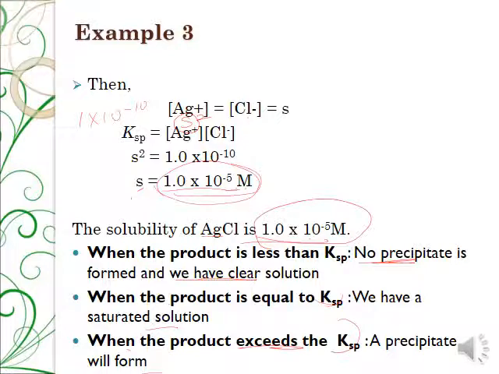So how about silver chloride here? In which category does it fall? Compare this 1 times 10 power negative 5 to the Ksp value, which is 1 times 10 power negative 10. Which one is larger? The product is larger. So when the product is larger, it falls under the category where a precipitate will form.